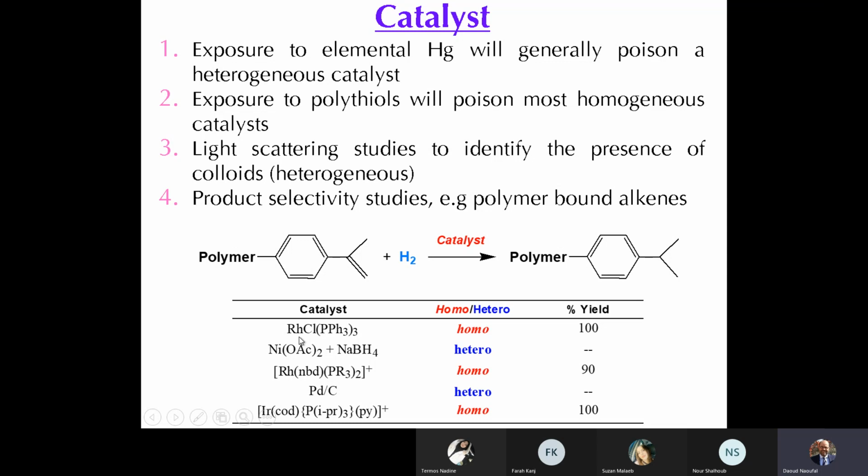So we have, for example, with rhodium chloride tris(triphenylphosphine), the yield is 100%. Using a heterogeneous catalyst, this reaction has 0% yield.